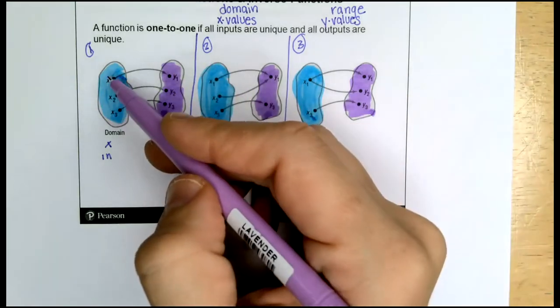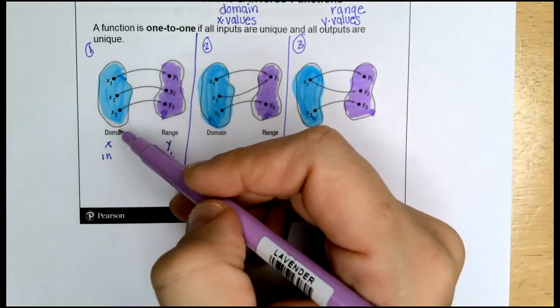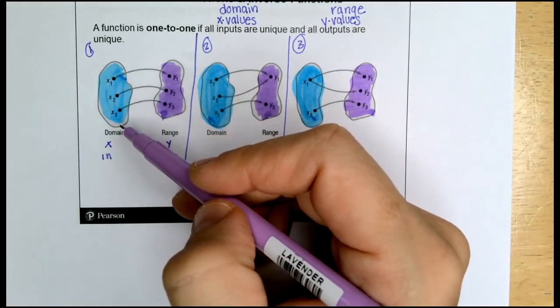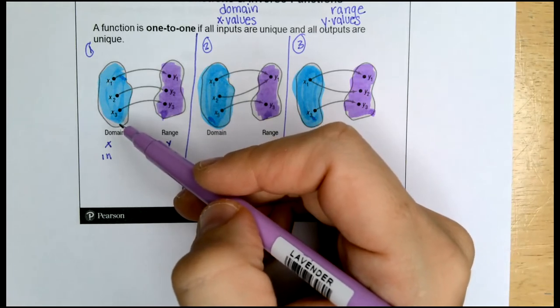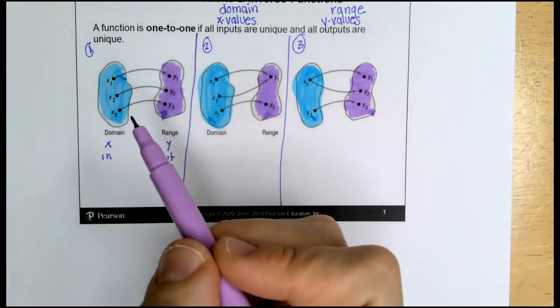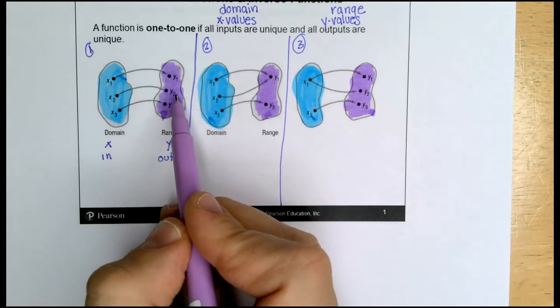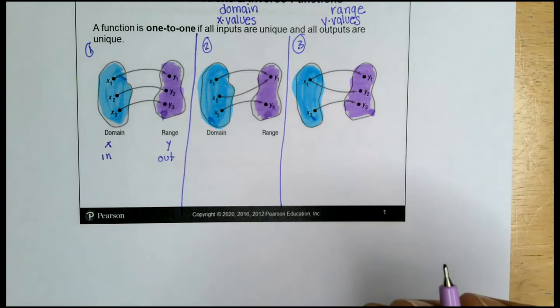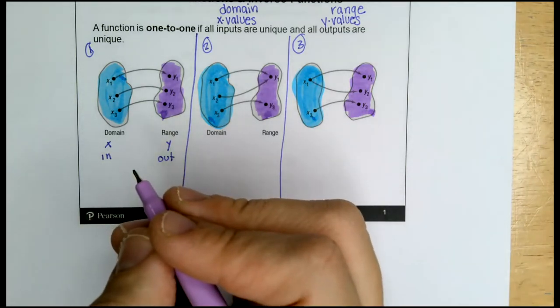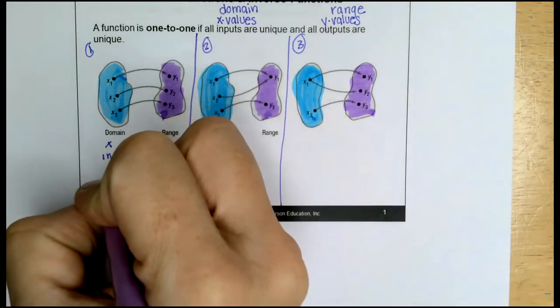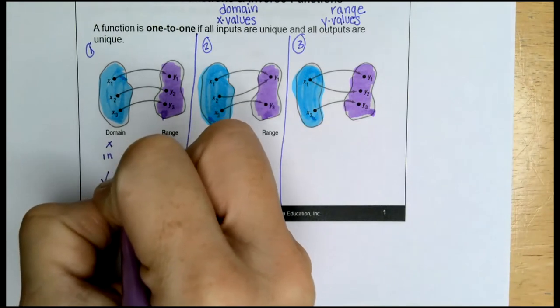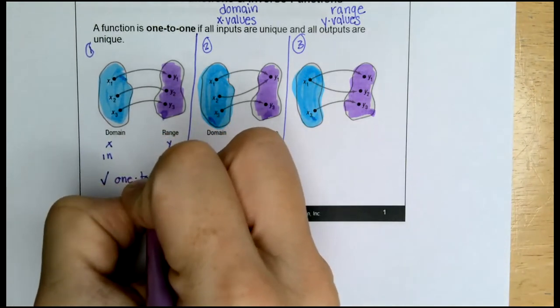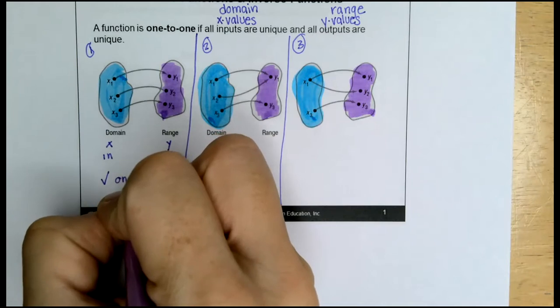Okay, x sub 1, x sub 2, x sub 3. Each of those are different. No value is used more than once, right? Y sub 1, y sub 2, y sub 3, all those values are unique. So that means that this is a one-to-one function.